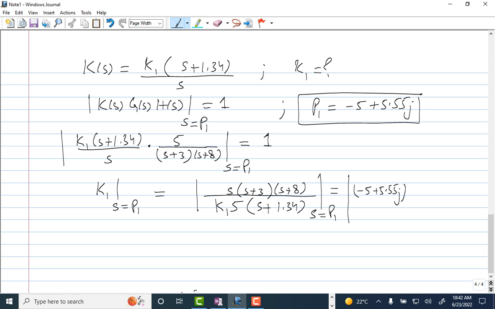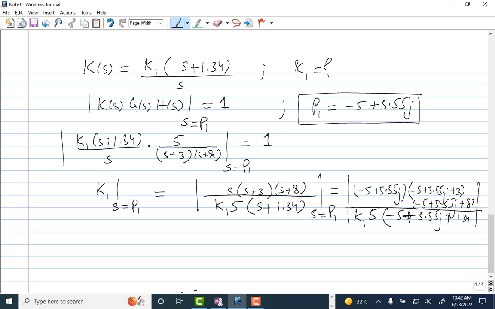Again put here minus 5 plus 5.55j plus 3. Similarly we have minus 5 plus 5.55j plus 8, whole divided by k1 times 5 minus 5 plus 5.55j plus 1.34.